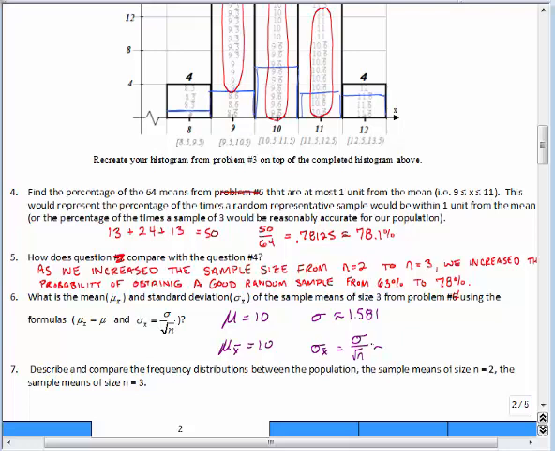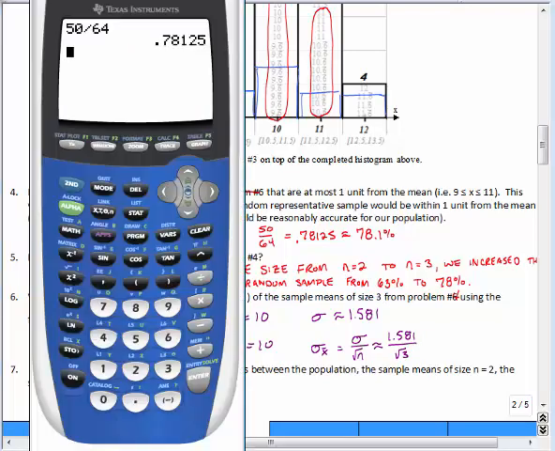So we know that sigma is approximately 1.581 over the square root of 3 this time, because the samples were of size 3. We can just type this in, 1.581 divided by the square root of 3. So it's approximately 0.913, or I'll say 0.91.